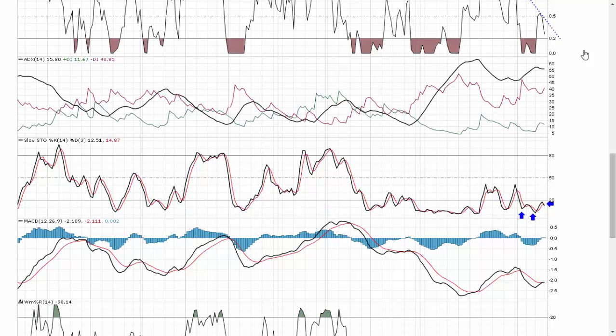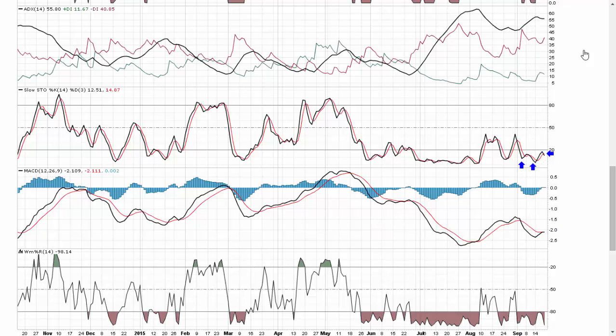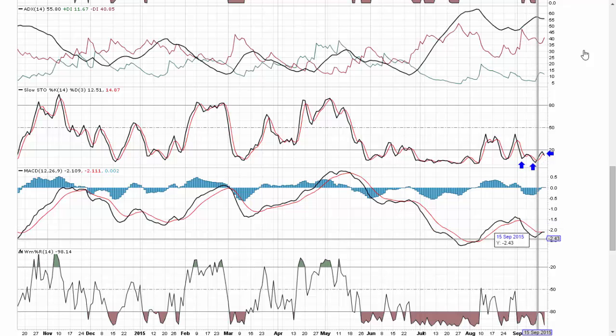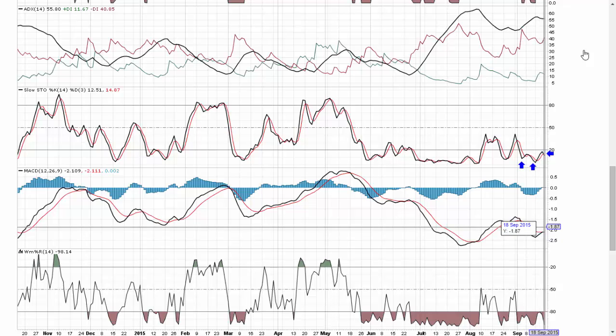If they begin to hook back up again, then you could begin to become a little bit more constructive on the stock. But at this point in time, the path of least resistance, the Stochs are telling you, is to the downside. MACD, it looks like we have a probable failure for a positive convergence, meaning the fast line crossing above the red line, which is the slow line.